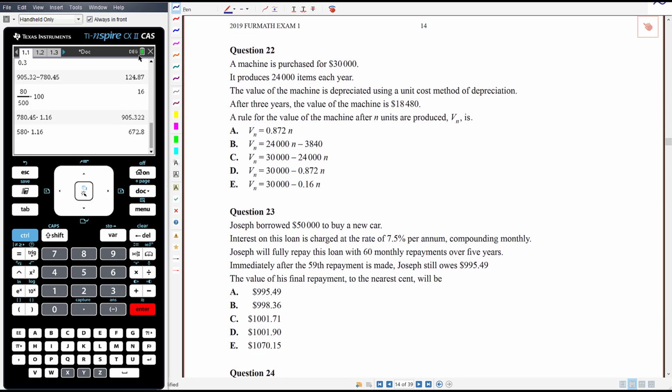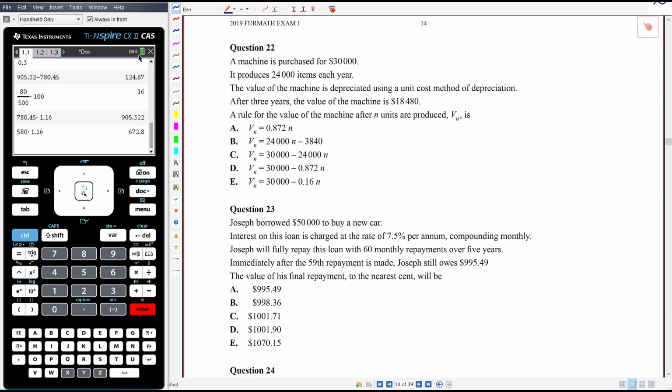Question 22. A machine is purchased for $30,000. It produces 24,000 items each year. The value of the machine is depreciated using a unit cost method of depreciation. After 3 years, the value of the machine is $18,480.